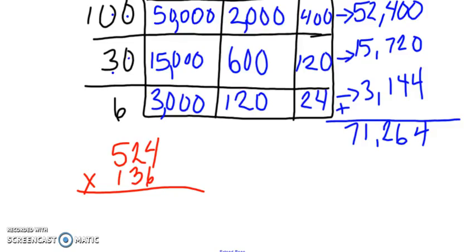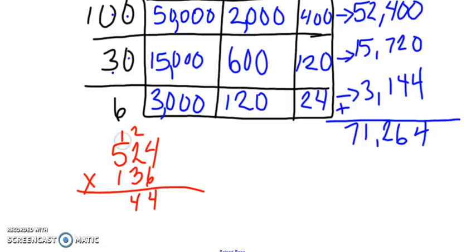I can also connect this to the standard algorithm. I have now lined these up as I would for multiplying with the standard algorithm. And I will go ahead and start over here in my ones place. 6 times 4 is 24, so I bring up the 2. Now I multiply across to my tens place. 6 times 2 is 12, plus 2 more is 14.